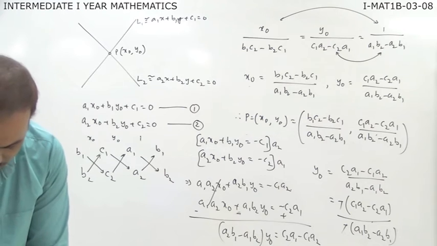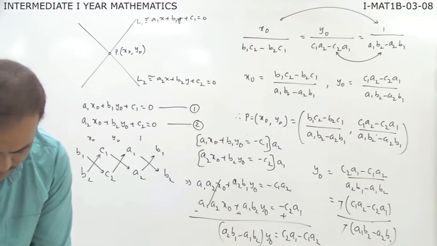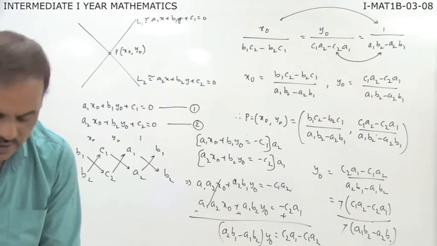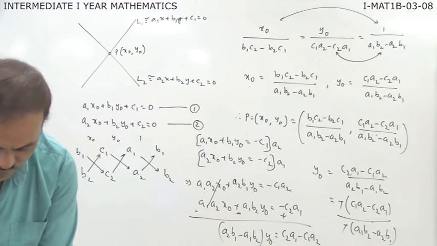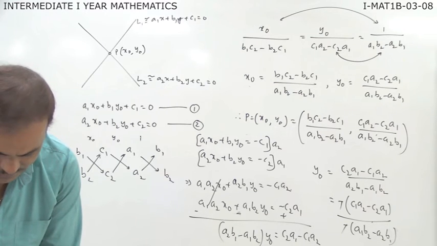Now we'll go to the next part of it, that is condition for the concurrency of three straight lines. Concurrent lines. Now here we are given two straight lines.